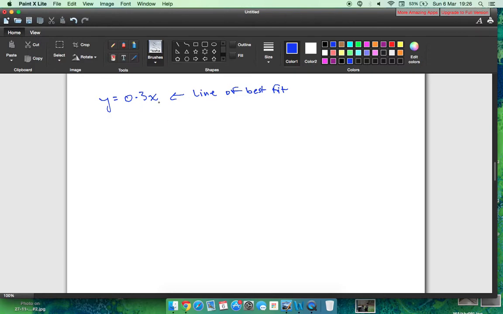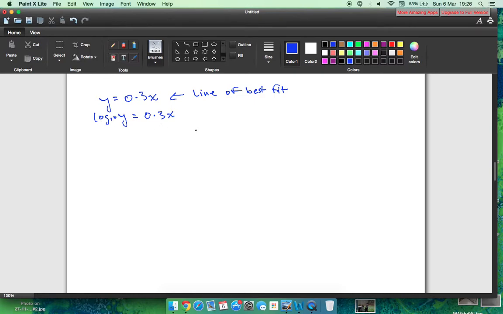But for now, let's just go with the fact that our line of best fit was roughly modelled by y equals 0.3x. Now I said we have to let y equal log 10 of y, and then write the rest of the equation as normal. And now we rearrange until we have something that fits an exponential model.